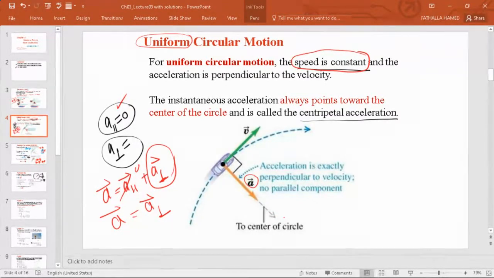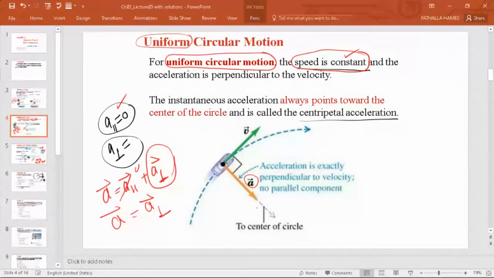So when we talk about uniform circular motion, we talk about motion with constant speed. And if you have constant speed, then the parallel component of your acceleration is 0, and you only have the perpendicular component of your acceleration, and that points toward the center.